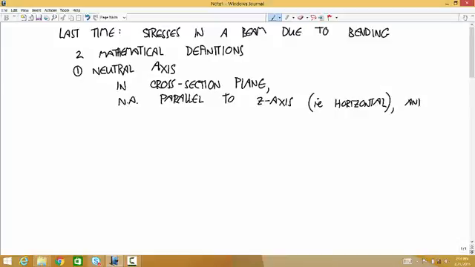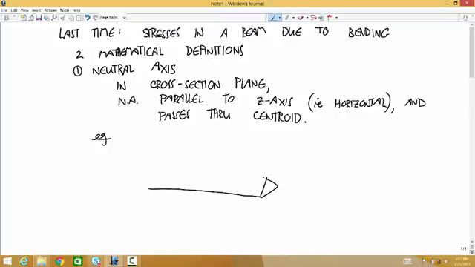And passes through the centroid. Okay, so for example, neutral axis. N is for neutral. A is for axis.